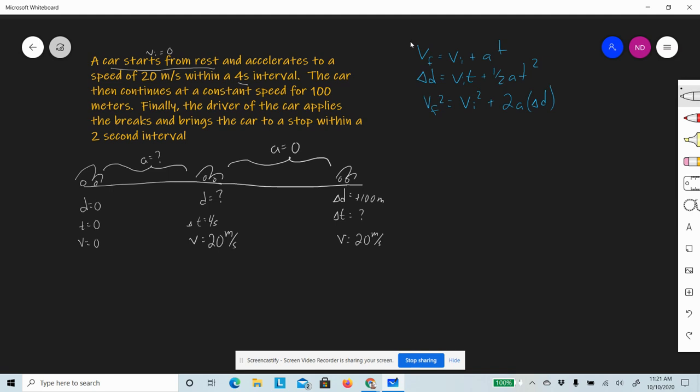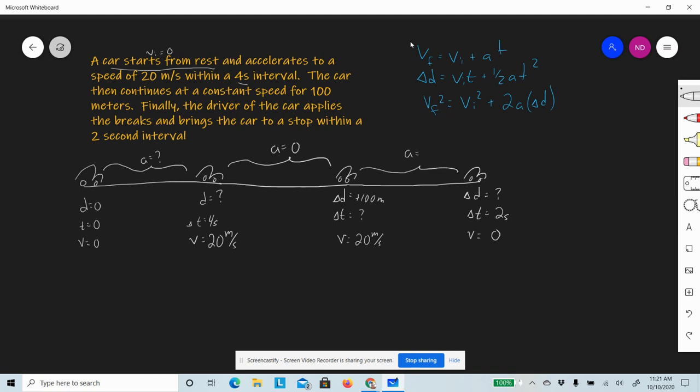And then finally, the car comes over here. And what happens here? The driver hits the brakes and brings the car to a stop in 2 seconds. Whatever time here to here is a 2-second interval. And the car comes to a stop. So the speed here is 0. Very important that you recognize that the car gets to a stop.